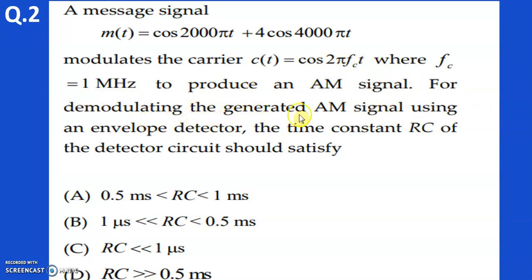For demodulating the generated AM signal using an envelope detector, the time constant RC of the detector circuit should satisfy one of these conditions. Let us see which condition will be the correct one by solving this problem.